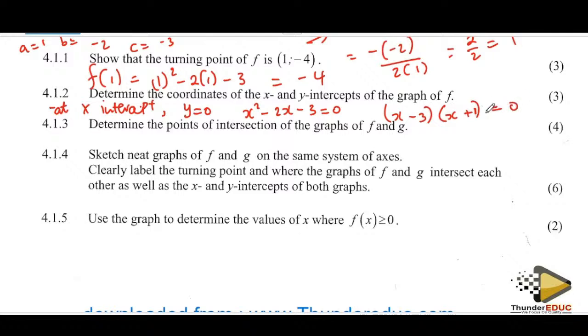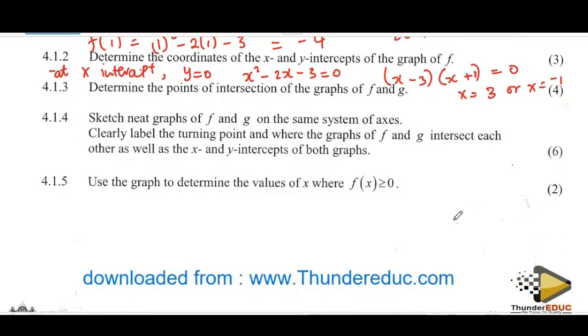So I'll equate that to 0. So in this case, x is going to be 3, or x is going to be negative 1. So these are the x-intercepts of f. So how can I write that? I'll say it's 3 and 0, and then negative 1 and 0. Okay, those will be the x-intercepts.